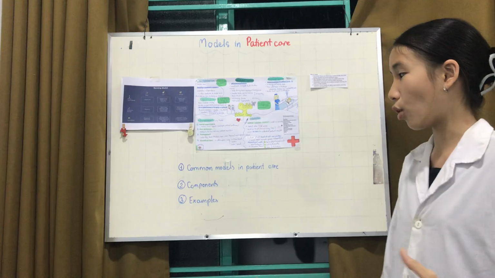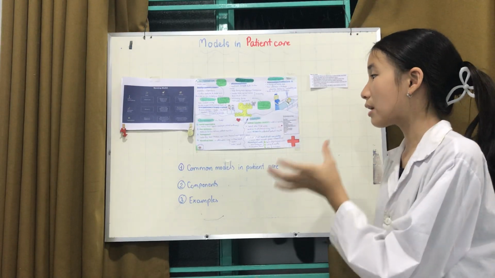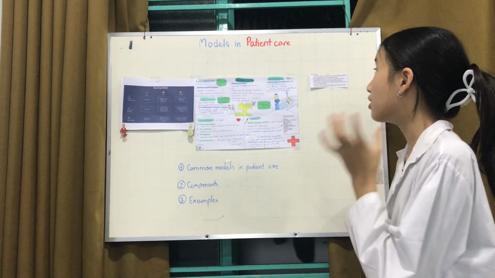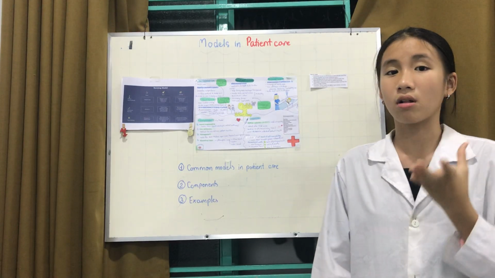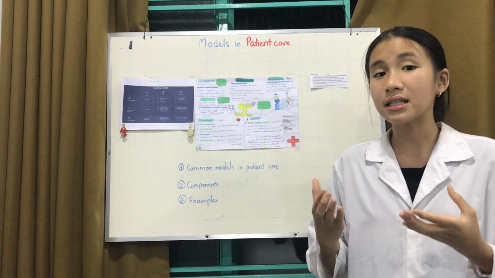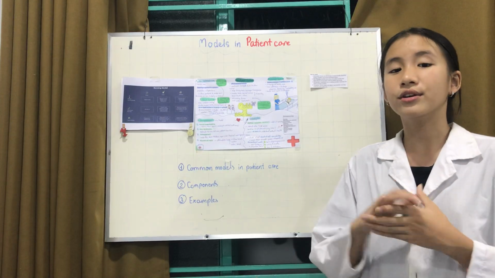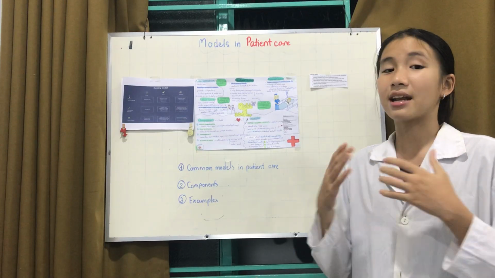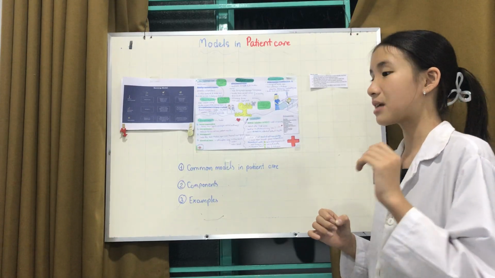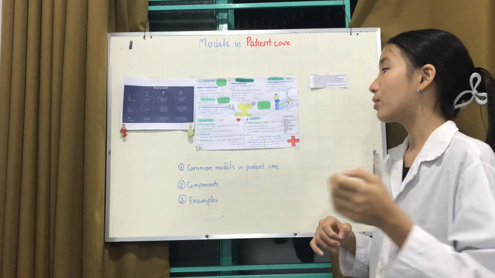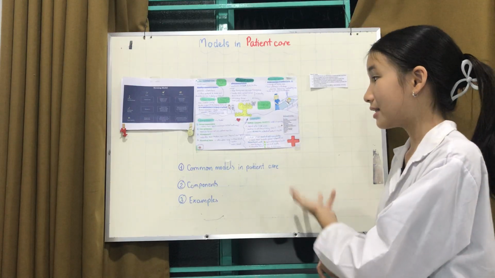Lastly, for the example, the Roper, Logan, and Tierney model of nursing. The Roper, Logan, and Tierney model of nursing is a common model used in the UK, which was set up by 3 UK nurses. So it is named after 3 UK nurses, which are Logan, Roper, and Tierney.